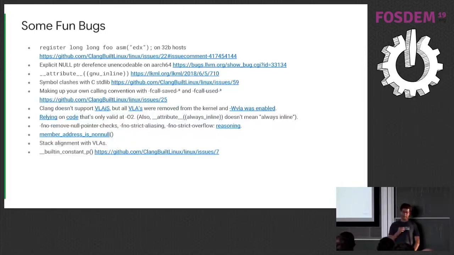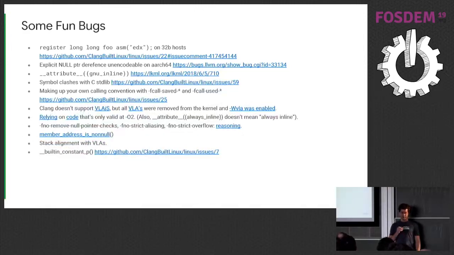The thing that's curious is if you're on a 32-bit host and you're saying use EDX, which is a 32-bit register, and you're saying you want a long, well, where's the other 32 bits of that 64-bit variable? Does anyone know? No? Okay. Well, basically, you have to implement bug-for-bug compatibility with GCC on how it chooses the next 32-bit register. And if you say ESP, it'll just crash. So yeah, that was interesting.